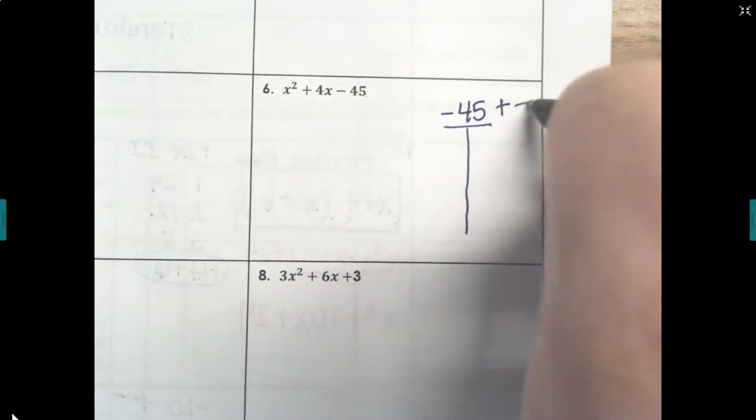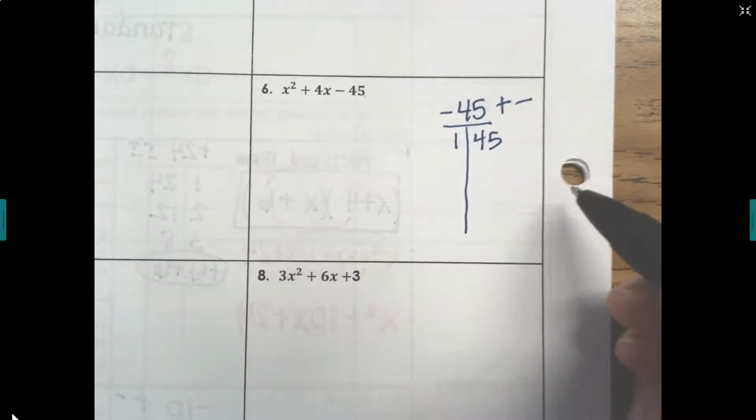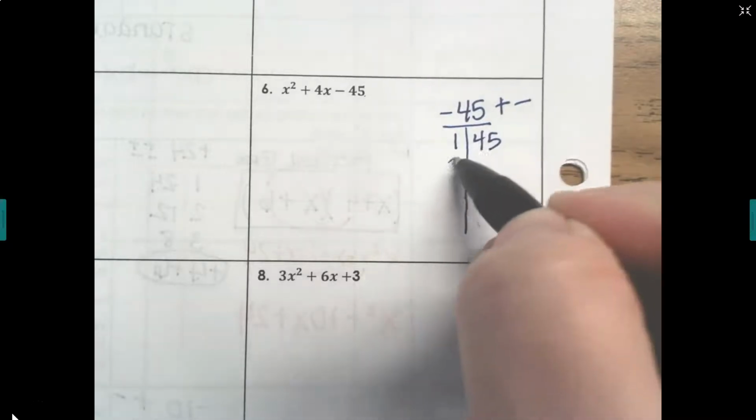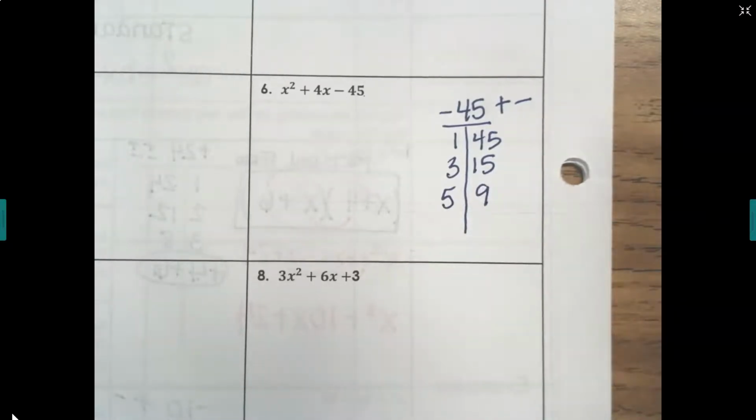So if you're going to have a negative number through multiplication, you have opposite signs. Okay, and so to get 45, we can say 1 times 45. We can say 2 doesn't go into it, 3 does. 3 times 15. 4 doesn't go into it, but 5 does. 5 times 9.